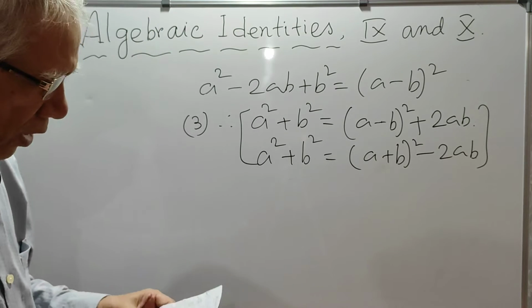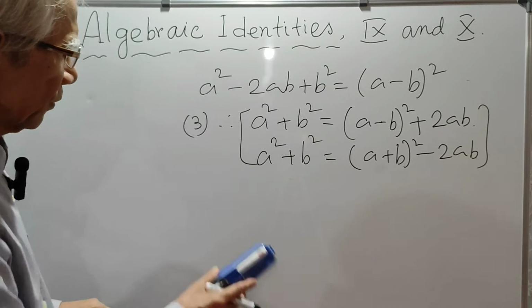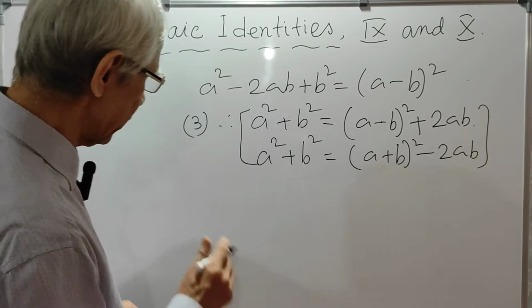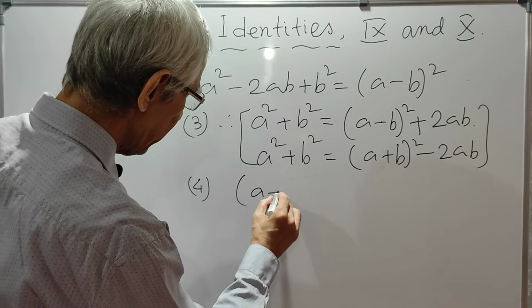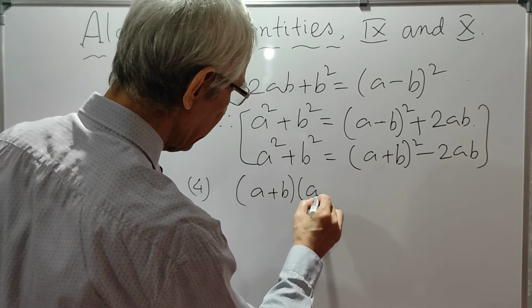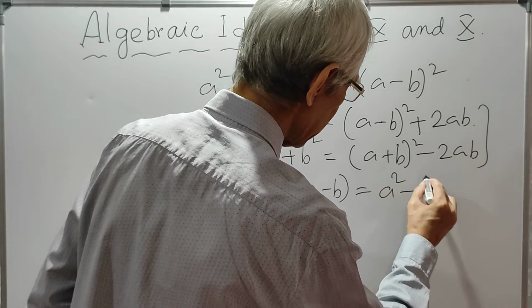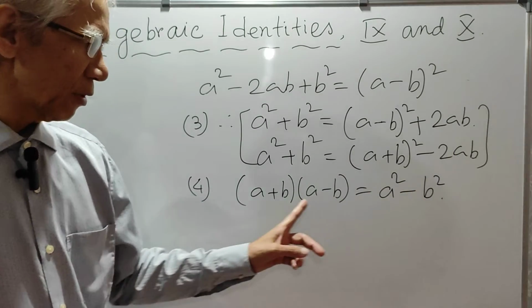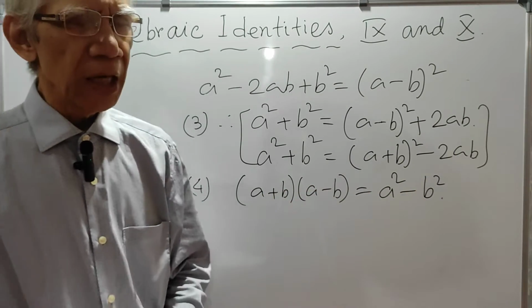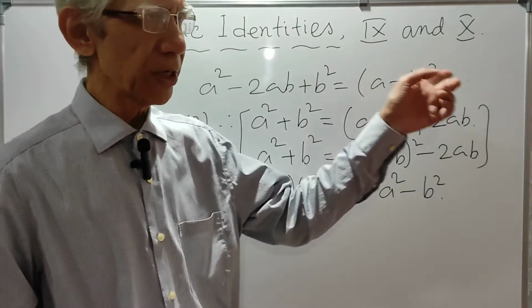Okay. All right. Now let us see the fourth identity. So fourth identity is this one, that is A plus B into A minus B, that is equal to A square minus B square, or A square minus B square equal to A plus B into A minus B. Now these identities you should memorize, you should remember from both sides.